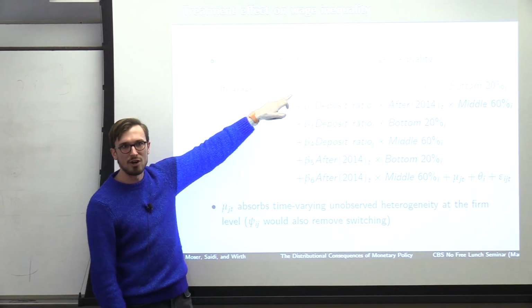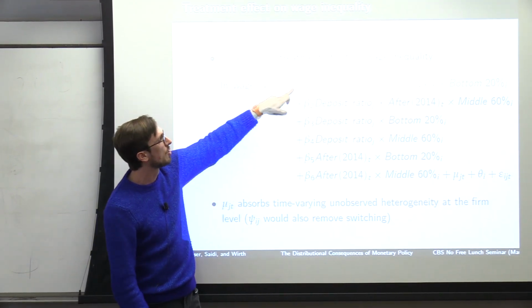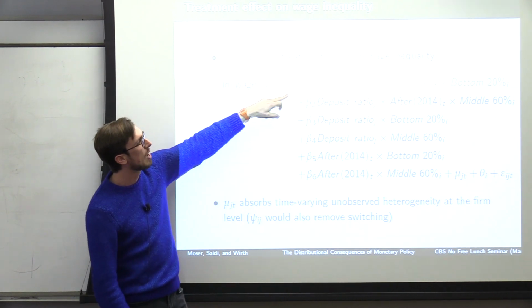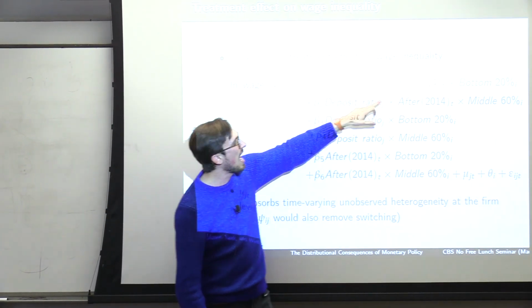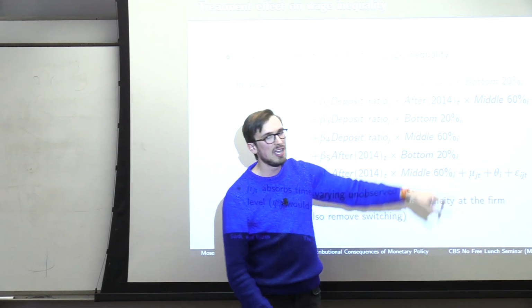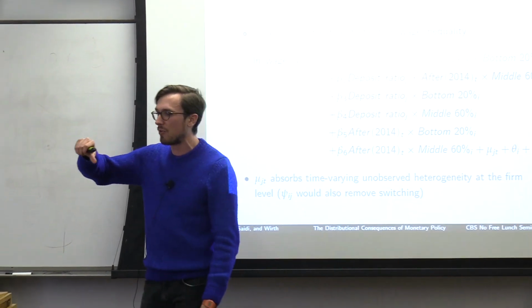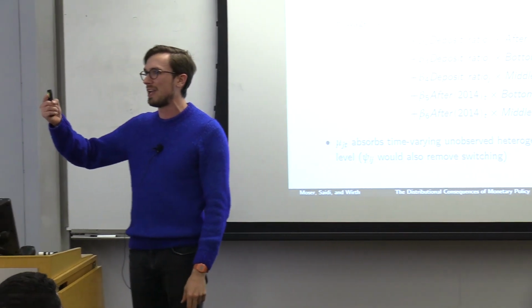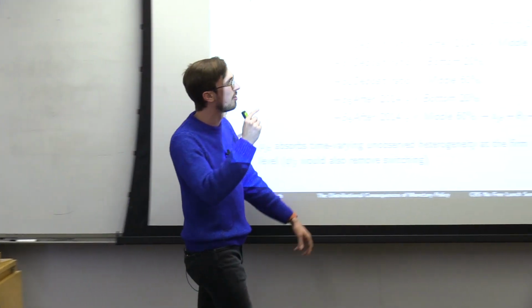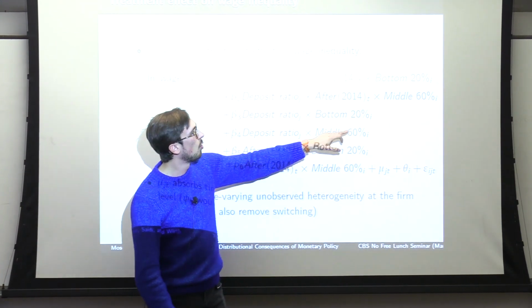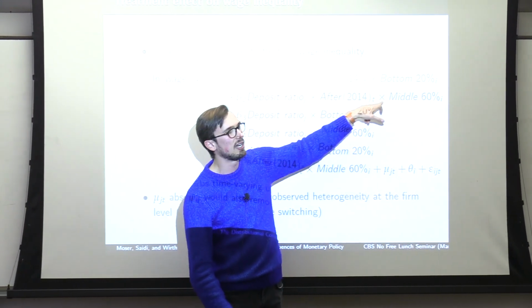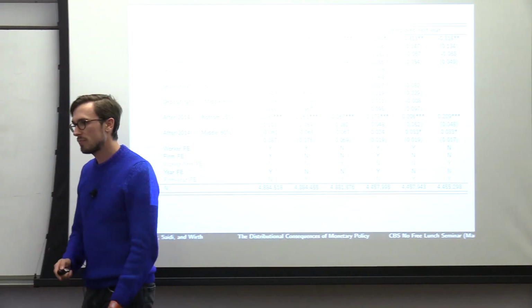The main thing that we are interested in is this beta 1 coefficient that tells you how a relatively higher deposit ratio bank after 2014 increased or decreased credit that then changed the pay of someone who is either initially low paid, middle paid, or the omitted category here being high paid.